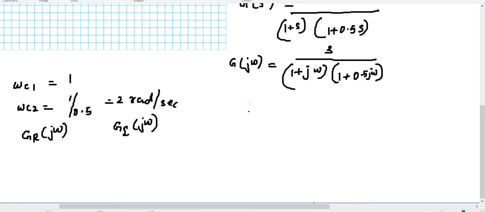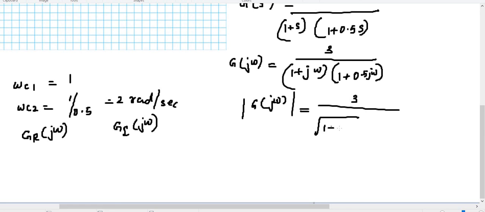If you want, you can write the magnitude and phase angle of G(j omega) in polar form. In polar form, the magnitude of G(j omega) will be 3 divided by square root of (1 plus omega square) into square root of (1 plus (0.5 omega) square).